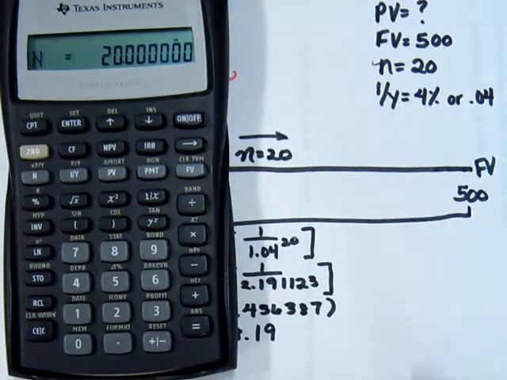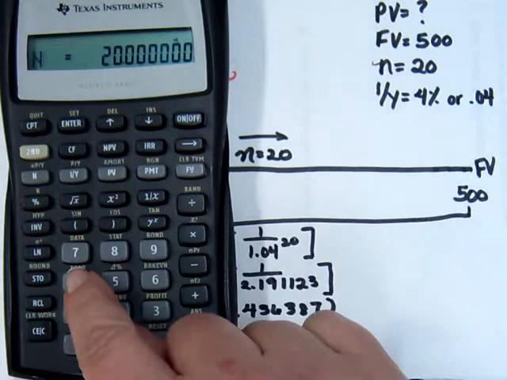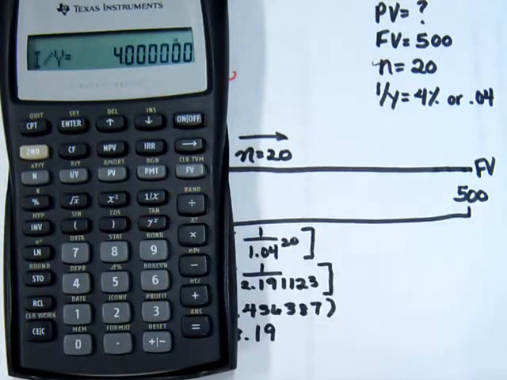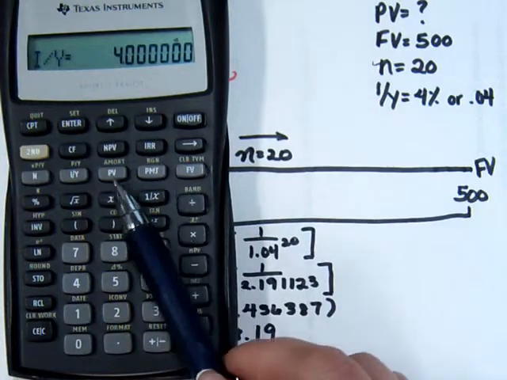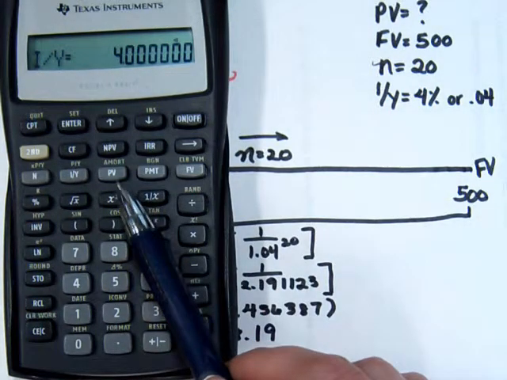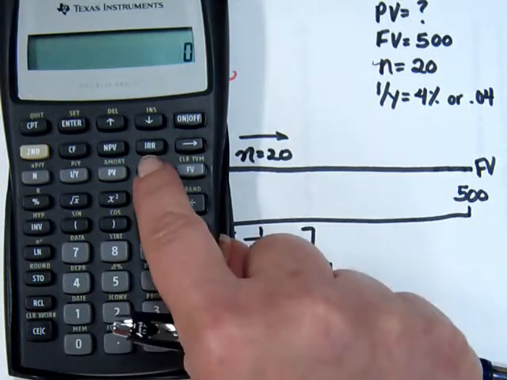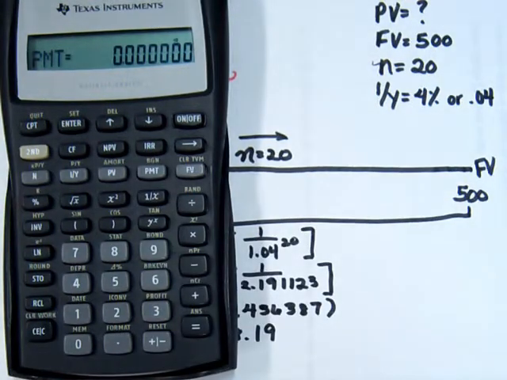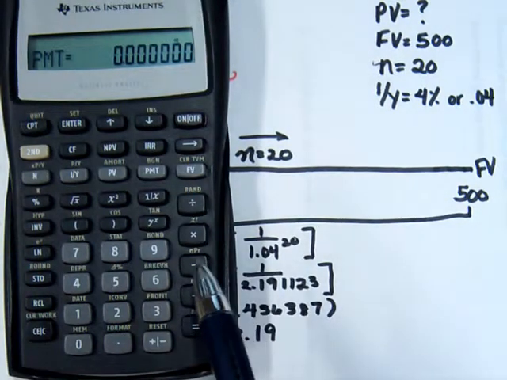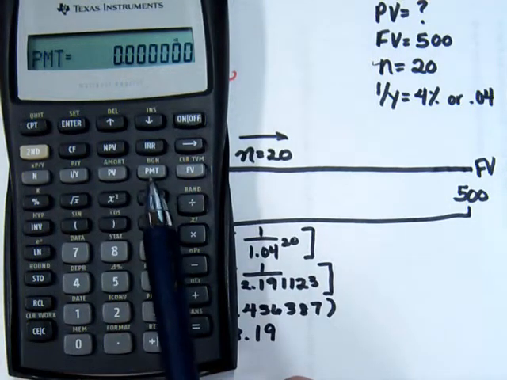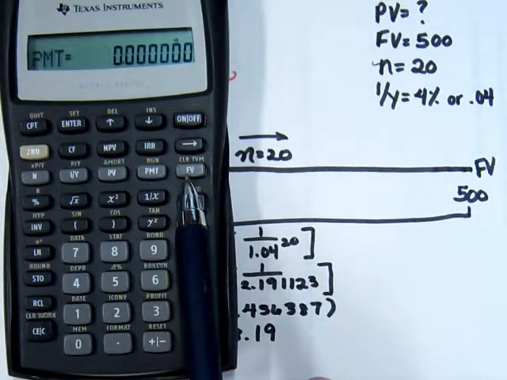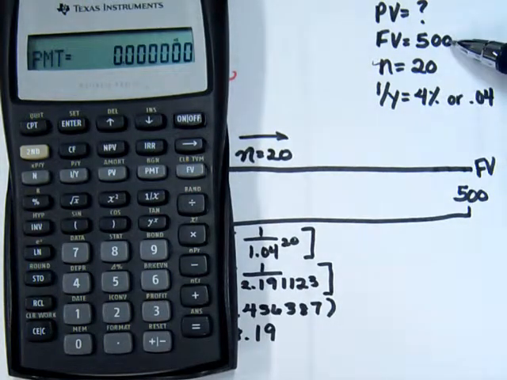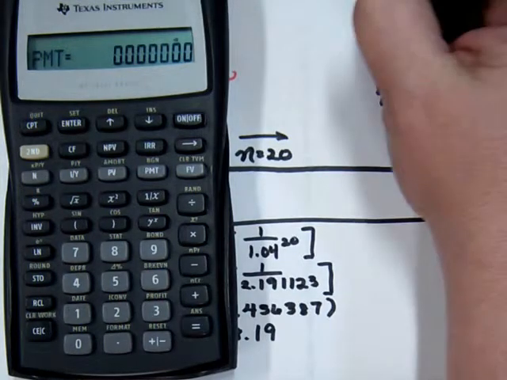Enter 4, I over y. So we're solving for PV, the present value, so we will not enter anything here. We will enter 0 for payment. And remember that the calculator is looking for either PV, PMT, or FV to be entered as a negative number. So the only number we have is $500 for FV, and we'll enter that as a negative number.